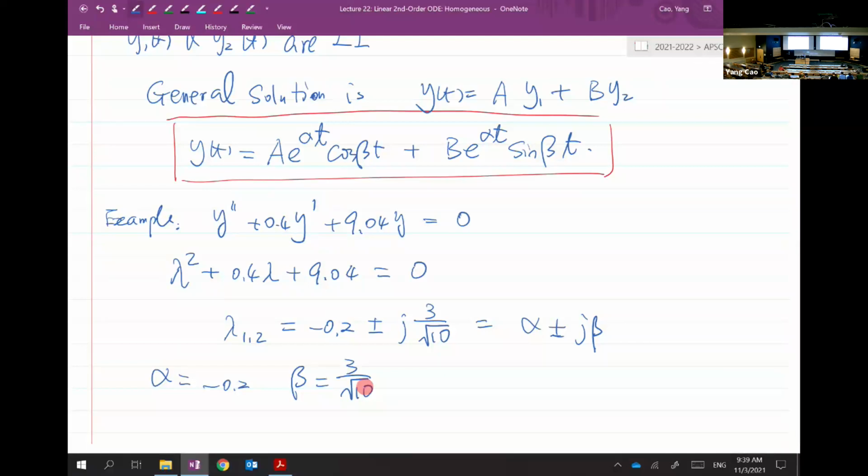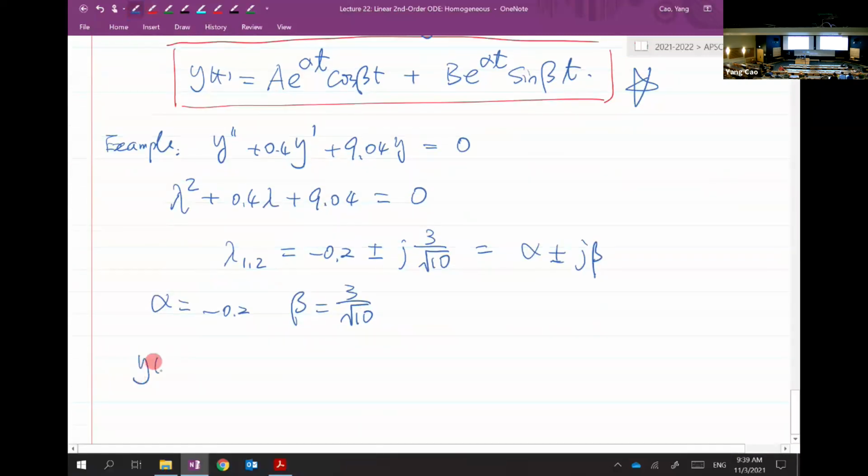All right, so once we get to this step, since we already derived the results, all you need to do is apply the results here. So that's pretty straightforward. Your general solution for the question is A times e to the power of alpha t, which is negative 0.2, and then cosine beta t, which is 3 over root 10.